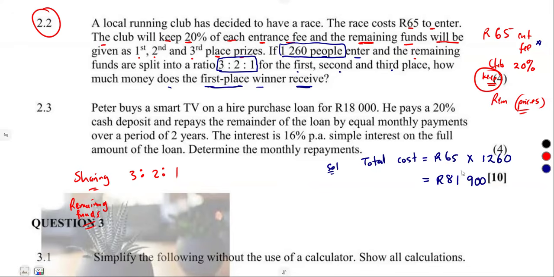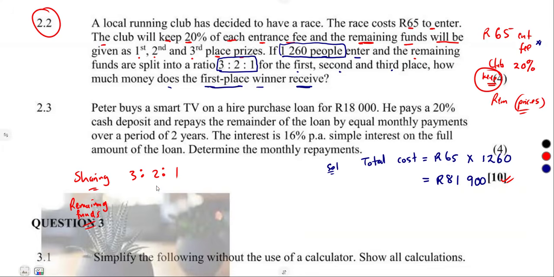This is the total cost. This is the total money they received. But out of this, the club kept 20%, and the remaining price was the one that went for the prizes.